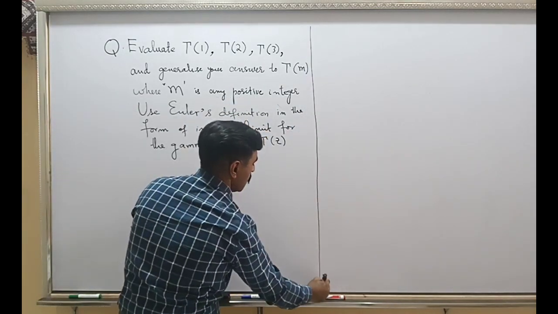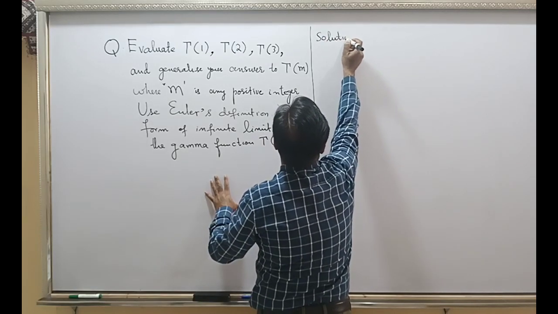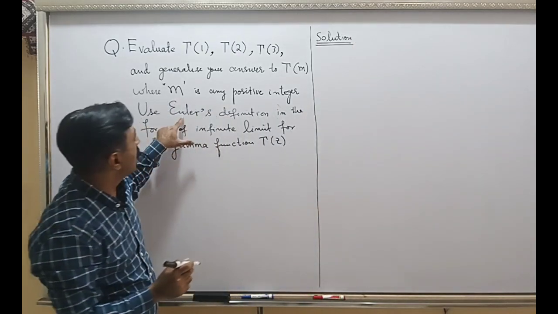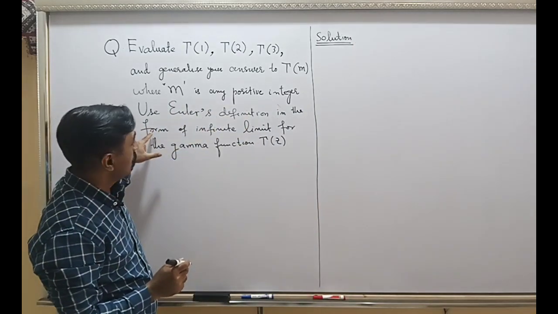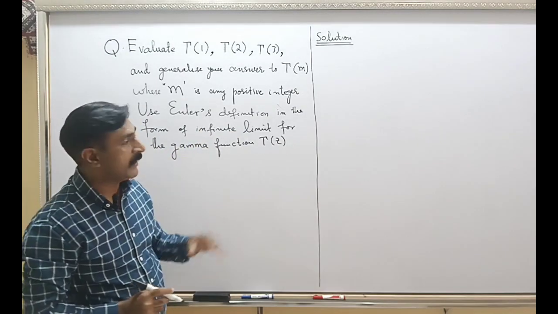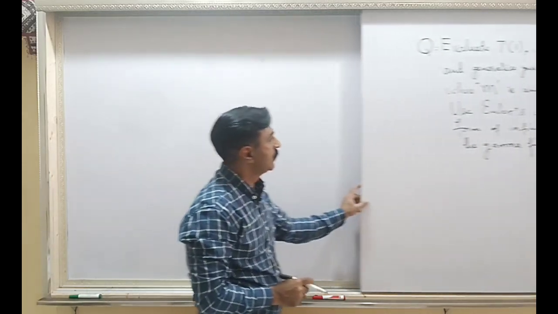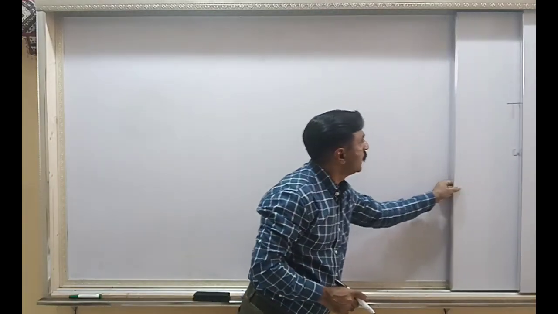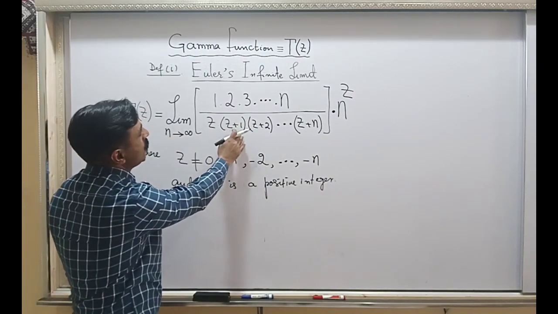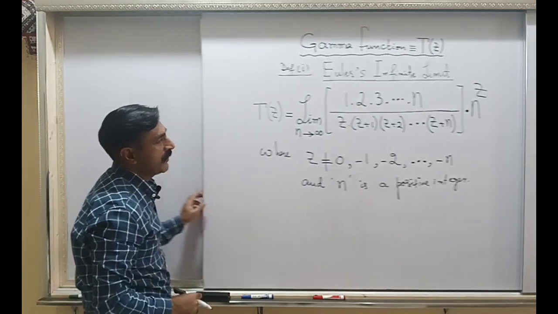First of all, we need to know what Euler's definition in the form of infinite limit for the gamma function is. I have already given you this definition in this form. So remember this definition, you need to use it again and again. Let me write this definition again for you.